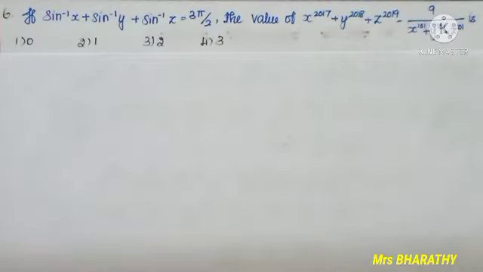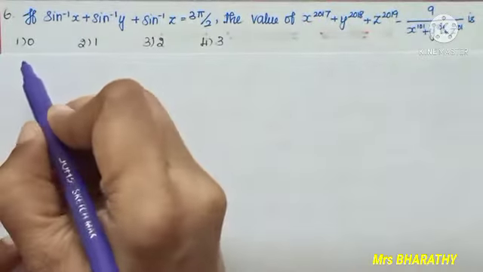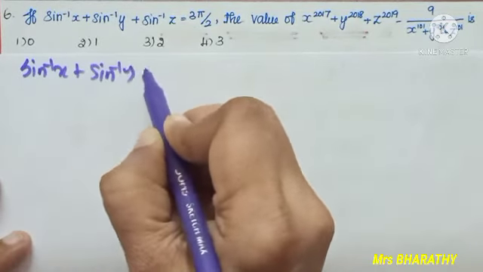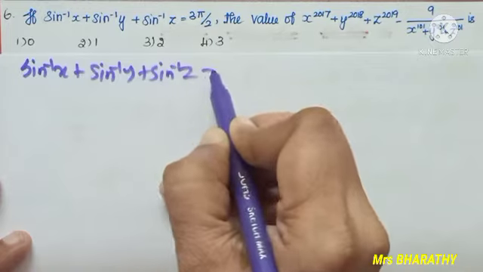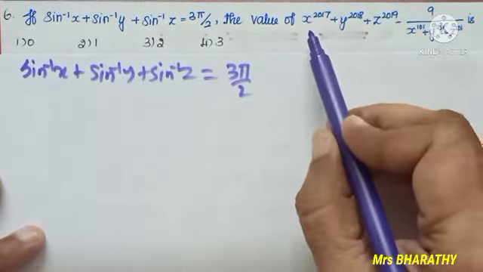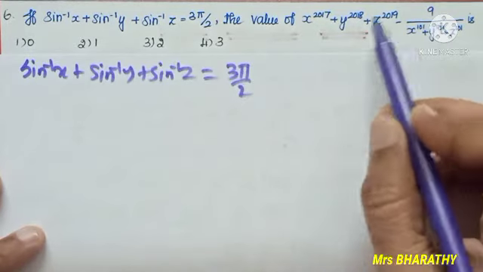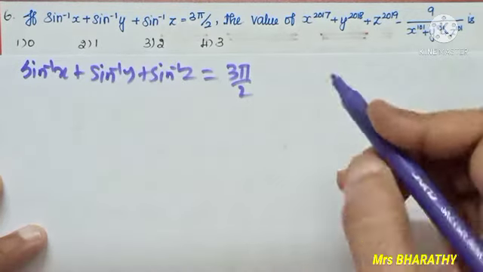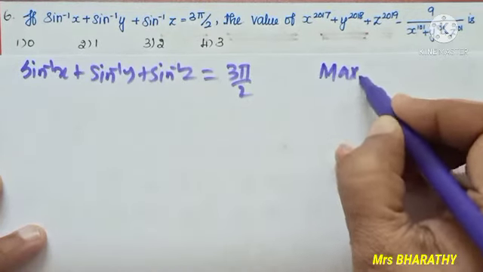Question number 6. If sine inverse x plus sine inverse y plus sine inverse z equals 3 pi by 2, we need to find x power, y power, z power expression. We know sine inverse, the maximum value is pi by 2.